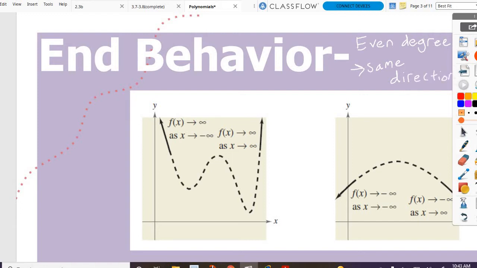Now again, whether they point up or down is going to depend upon our leading coefficient. So if they both point up, what is our leading coefficient? Positive. And if they both point down, negative.